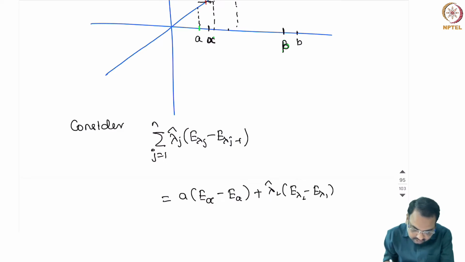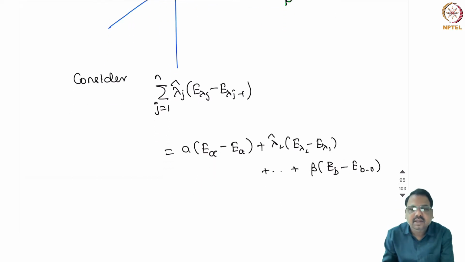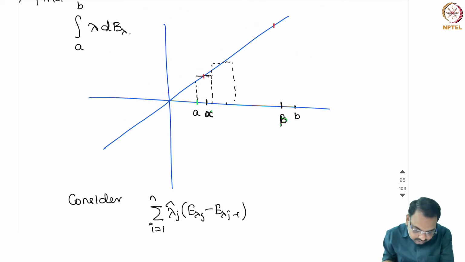They are all bigger than A. So on, the last term you will get is beta times E beta minus E beta minus 0, because that is smaller than beta. This is E alpha.